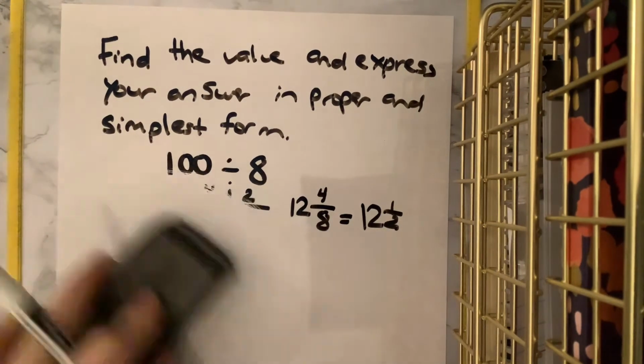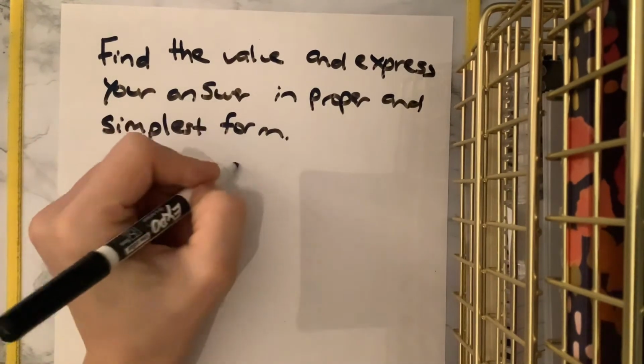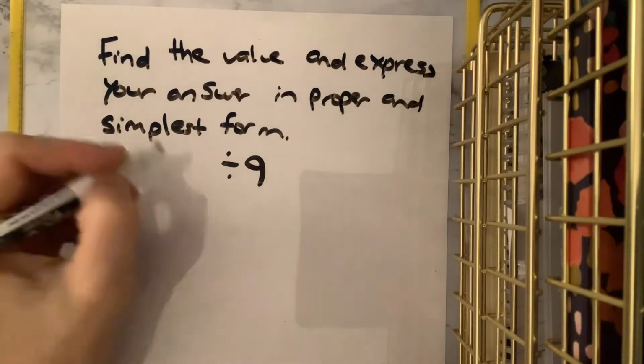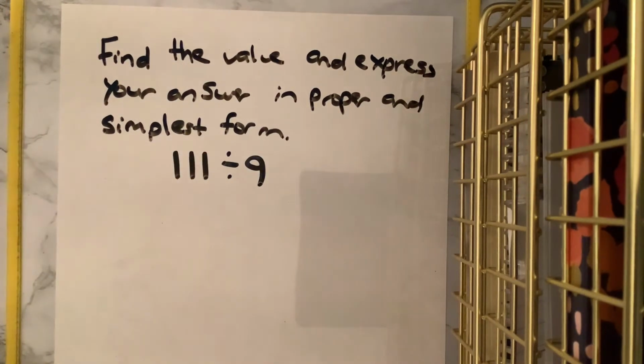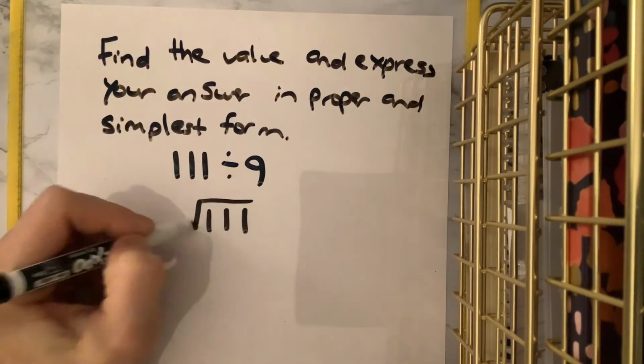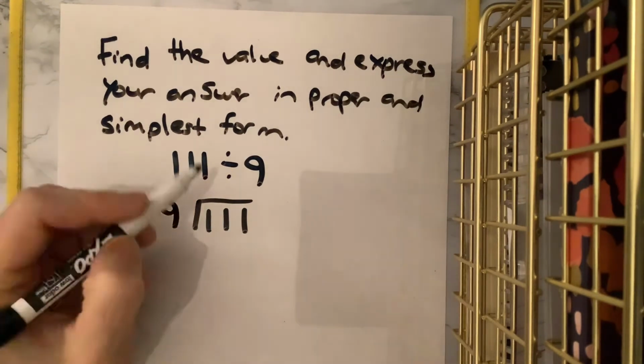Okay, let's try another one. We're going to say 111 divided by 9. So pause, solve, come on back and see how you did. So 9 does not go into 1.